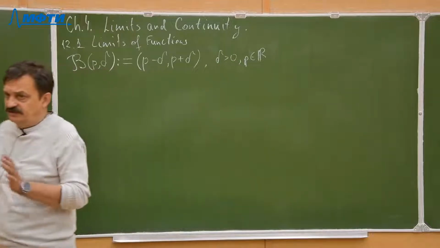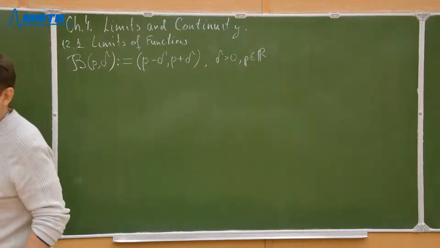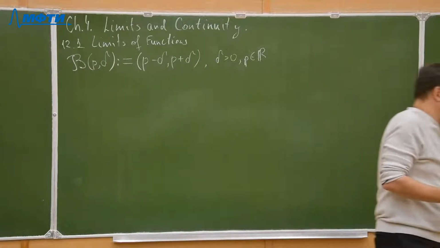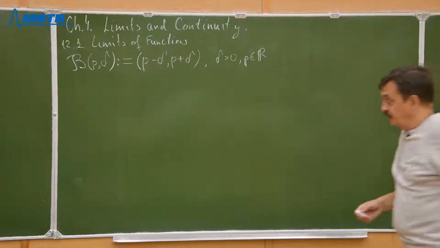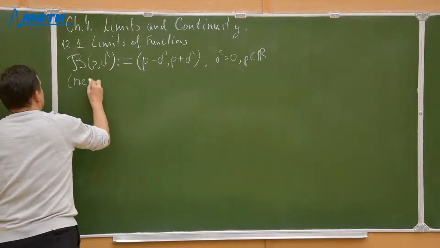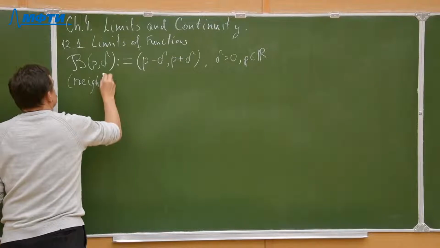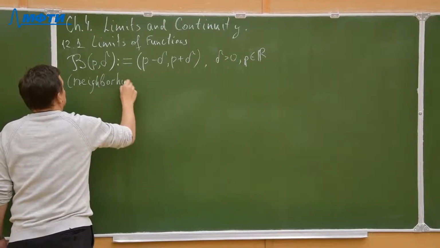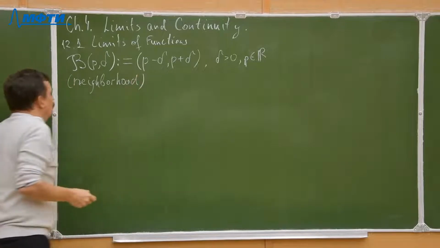So we have an interval around a point P. That is a neighborhood, right? Neighborhood.